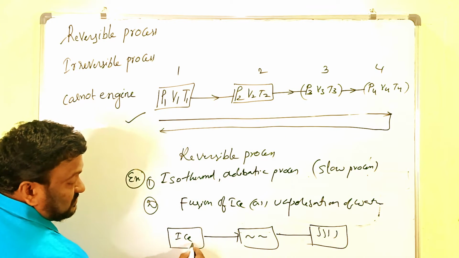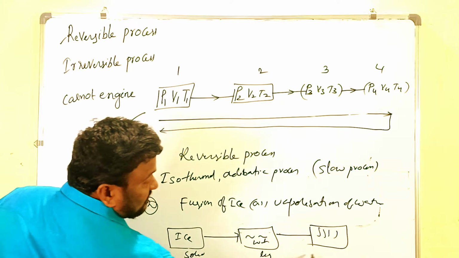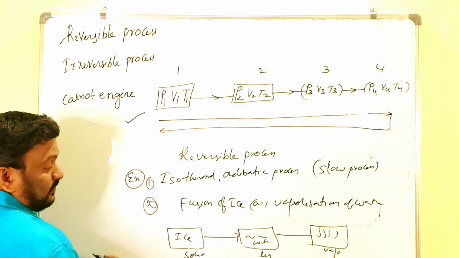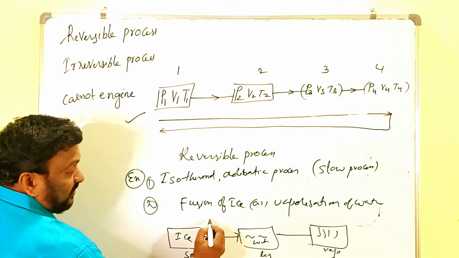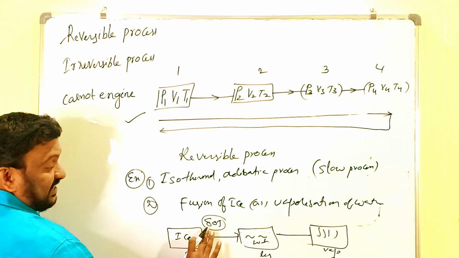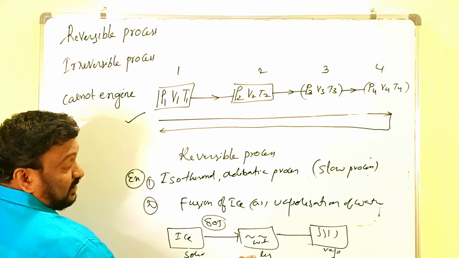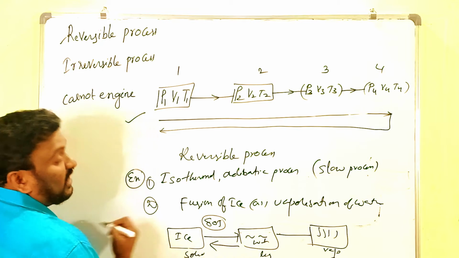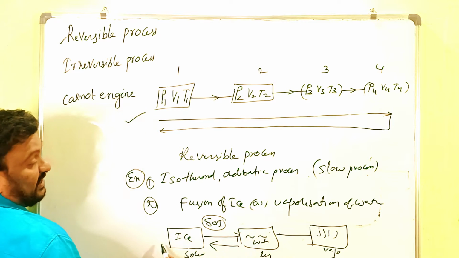Ice is the solid, water the liquid state, and this is the vapor, the gaseous state. Clear? To convert ice to water, for example, say 80 joules is given. When 80 joules is given to the ice, it melts into water. And if we remove the 80 joules from the water, it turns into ice.